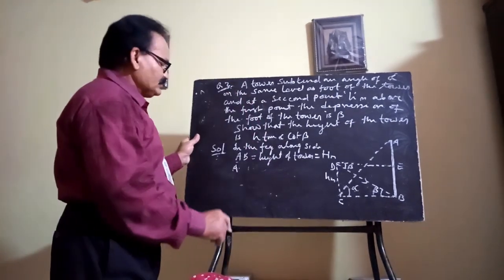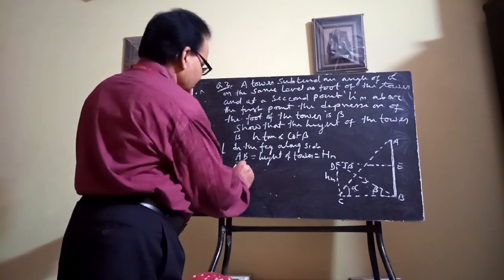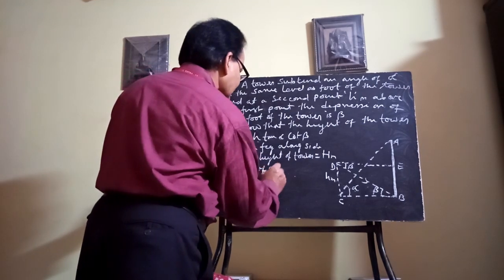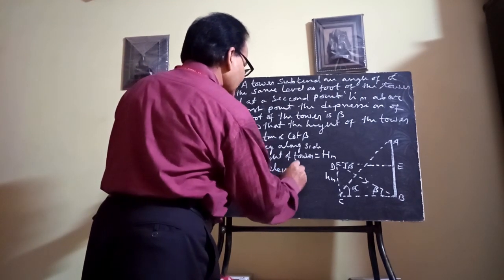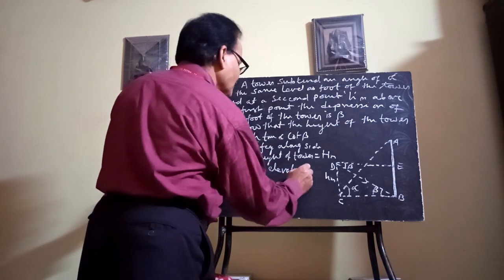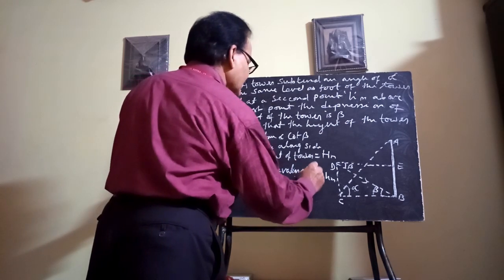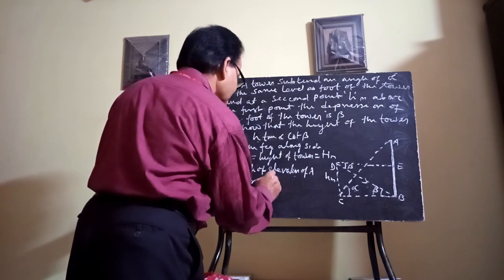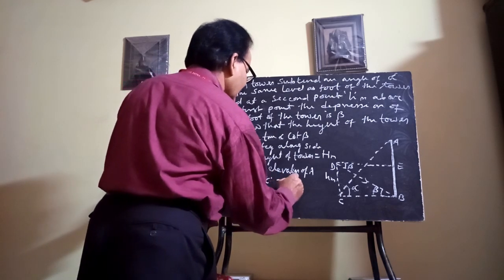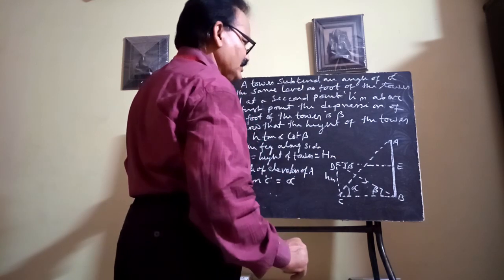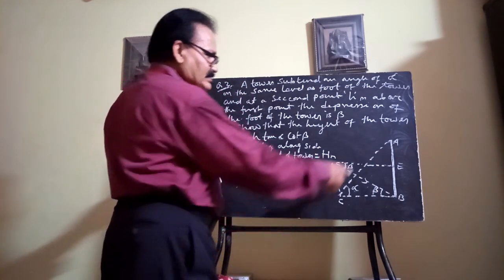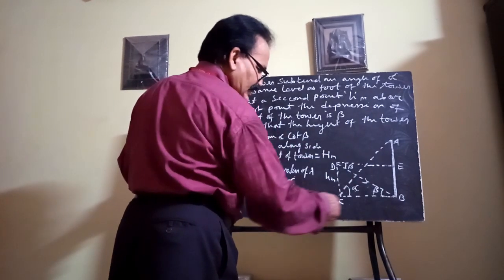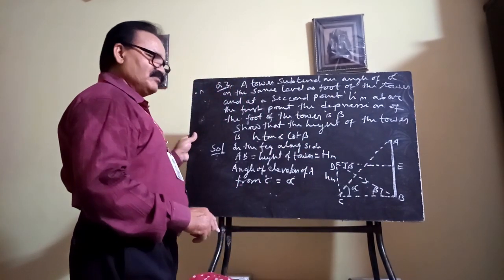And you see the angle of elevation of A from C is alpha. In the question it is given that the tower subtends an angle alpha at the same level as that of the beta.